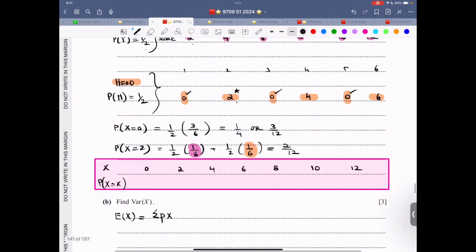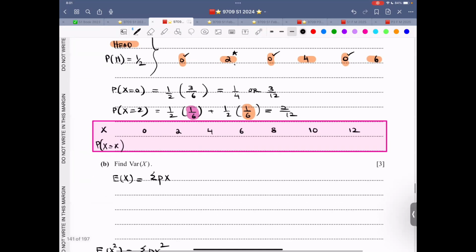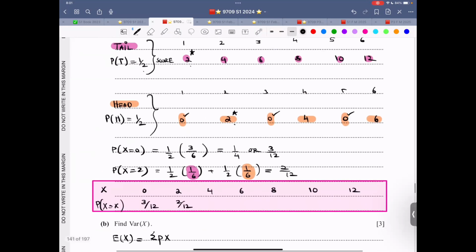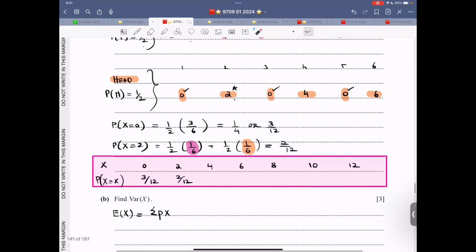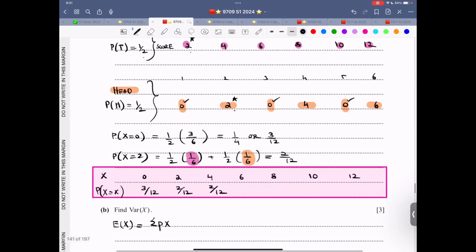Now, you just have to multiply it with half for each of them. Don't forget that. This is 3 over 12. This is 2 over 12 because there are 2 options for the 2s. What about 4? 1 option, 2 options, so that is also 2 over 12. You don't have to do any working.